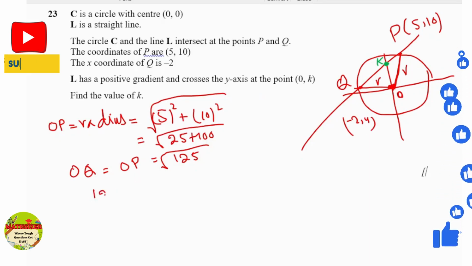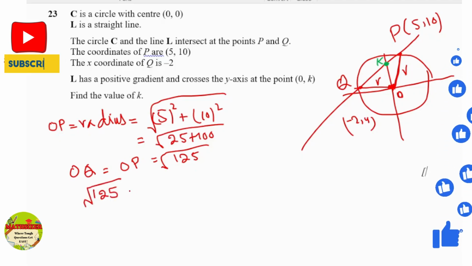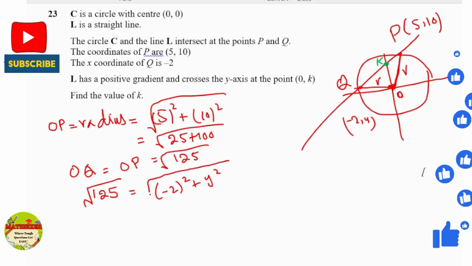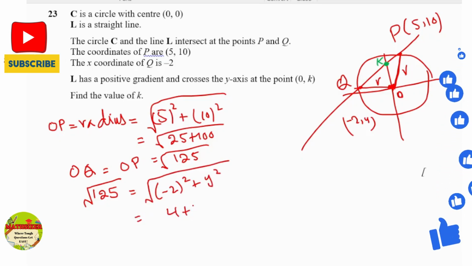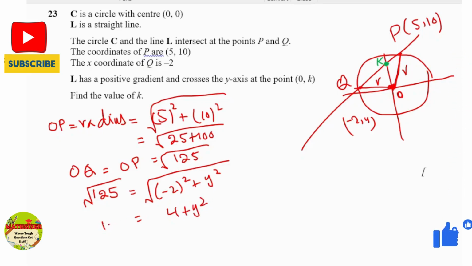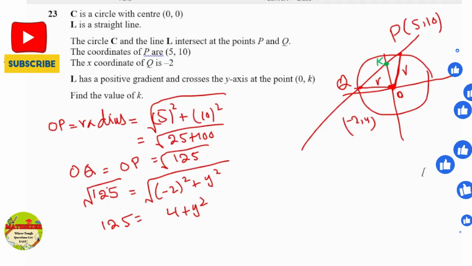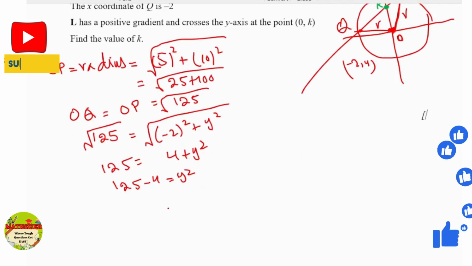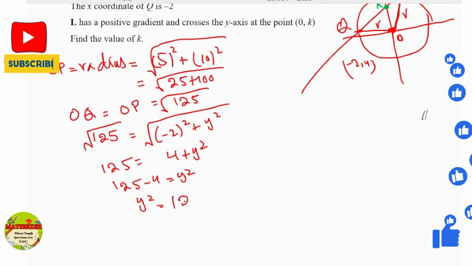So we know that root 125 is the radius, and with the same formula, the x-coordinate difference is -2 minus 0, which is -2, squared, plus y squared, all under a square root. That gives us 4 plus y squared equals 125, if you square both sides, so the square root cancels out. So 125 minus 4 is equal to y squared, which simplifies to y squared equals 121.